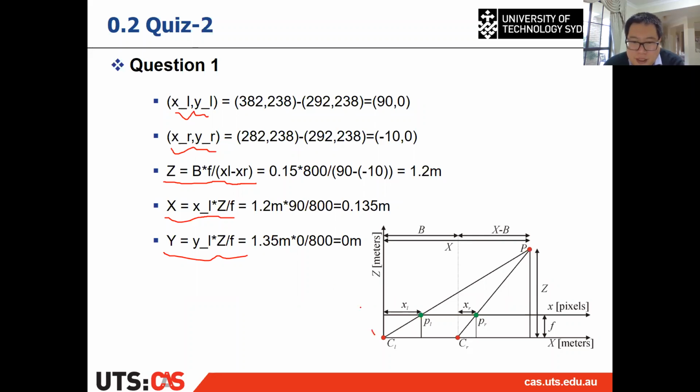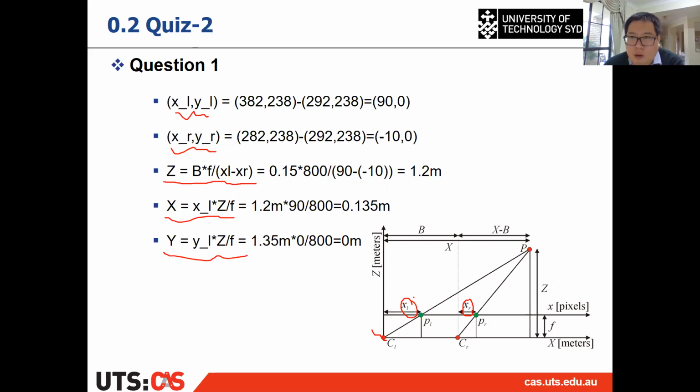Please look at this figure. As I mentioned before, the xl and xr here are with respect to the origin at the principal point. So they are not the original UV values.